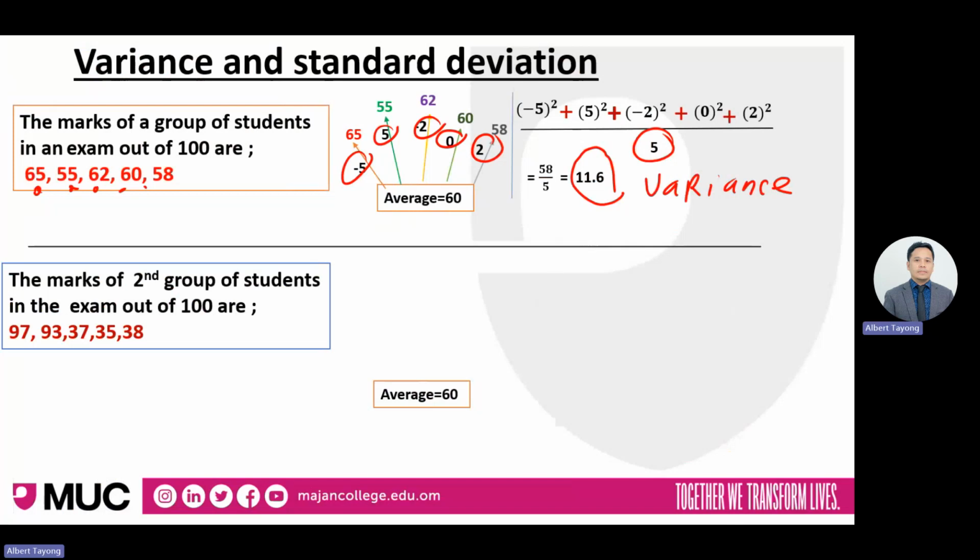So our variance is our tool to get the standard deviation. So before we get the standard deviation, let us look at the second group, the second example.